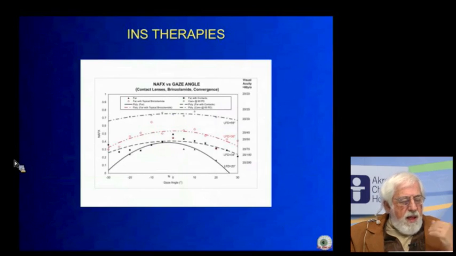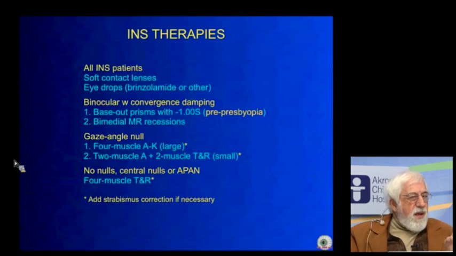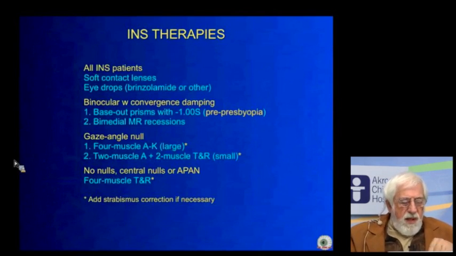So in all INS patients, soft contact lenses may be very good. We may develop some eye drops in addition to brinzolamide. If the binocular with convergence damping, base out prisms with -1 spheres added, you've got to add them, and you've got to tell the patient when you get older, you're going to have to come back and we'll take out the -1.